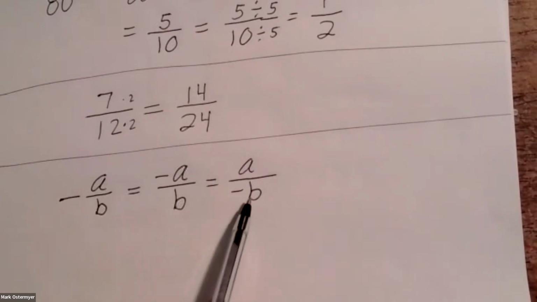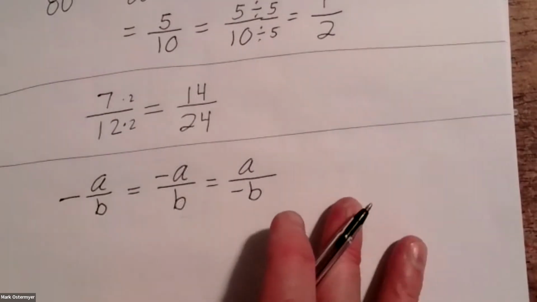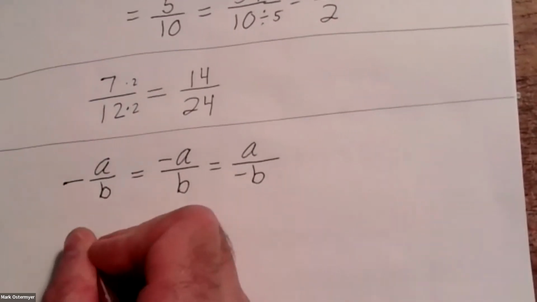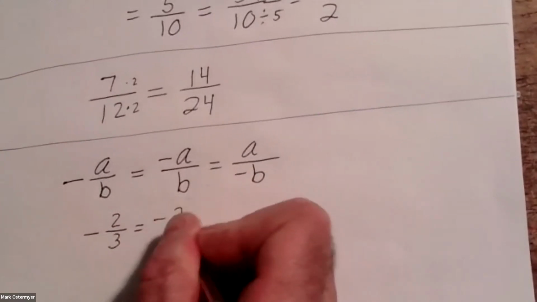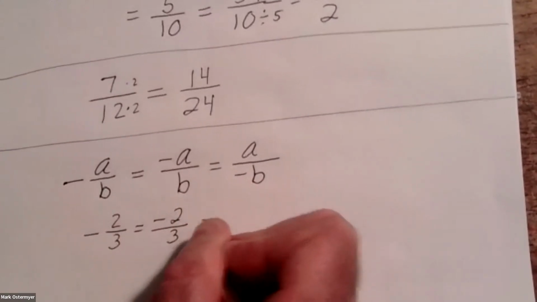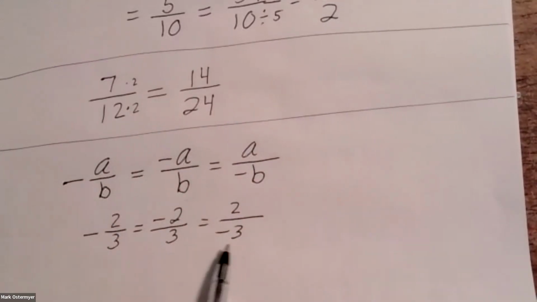Everybody see that there? So if I have -2/3, do you agree I could say this is equivalent to -2 over 3? Or I could say that's equivalent to 2 over -3. Aren't these all equivalent? They're all equal to each other. They all have the same place on the number line. Okay.